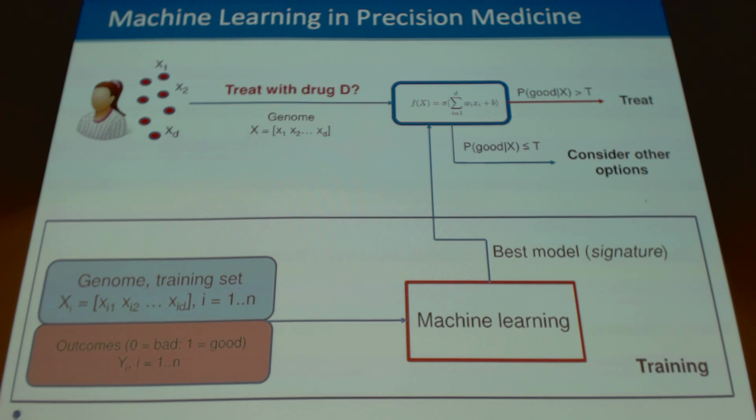That's this P of good outcome or P of bad outcome. I'm sorry, P of good outcome is compared with a particular threshold. So if the probability of good outcome for this individual on this treatment, based on their genomic composition, is greater than, say, 80%, then treat with drug D, otherwise try something else.